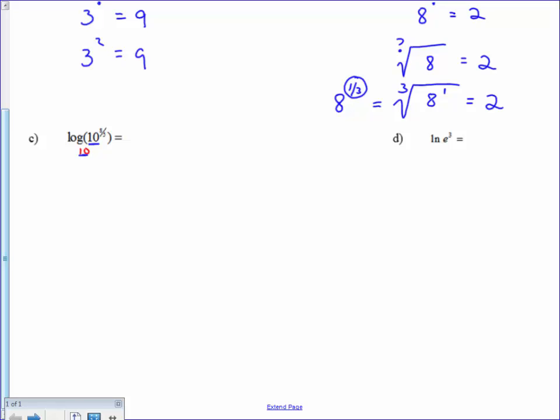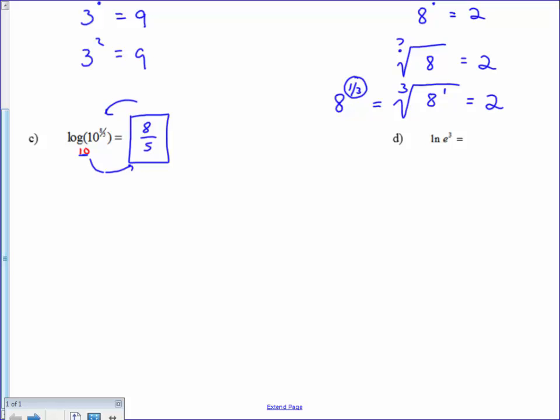If that's ever the case, the answer is always just the exponent on your argument. So in this case, it would just be 8/5. Okay, we can check ourselves. We can see that 10 to the 8/5 equals 10 to the 8/5. And so that one is correct.